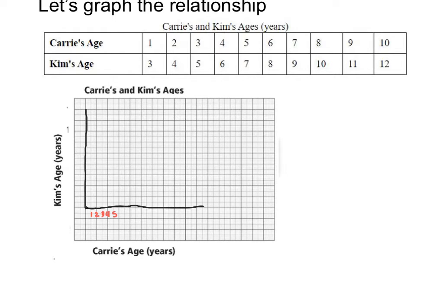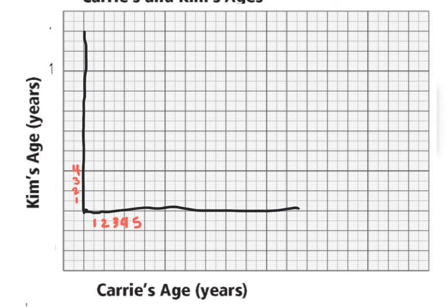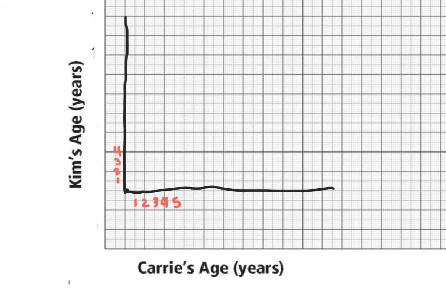So when Carrie is 1, Kim is 3. 1, 2, 3, 4. I'm going to zoom in so we can see. When Carrie is 1, Kim is 3. That's this point right here, because Carrie's age is on the bottom and Kim's age is on the left.